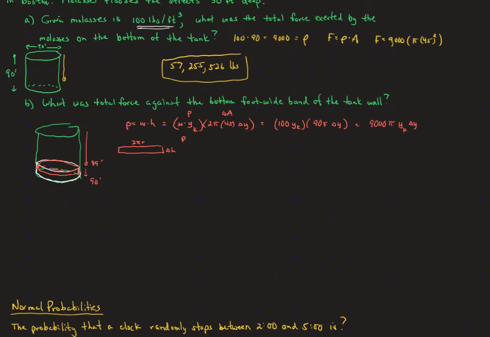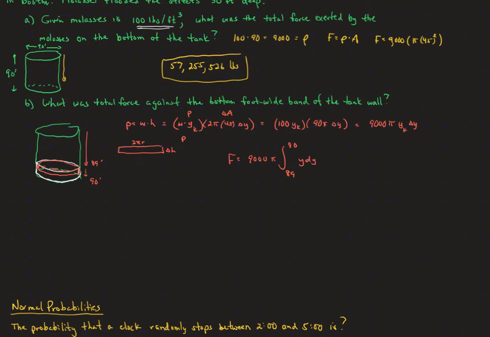And then we're going to turn this into an integral. I'm going to pull the 9,000 pi out. Now the integral is going to go from 89 to 90, since we want that bottom foot-wide depth, and then we just have the y dy.